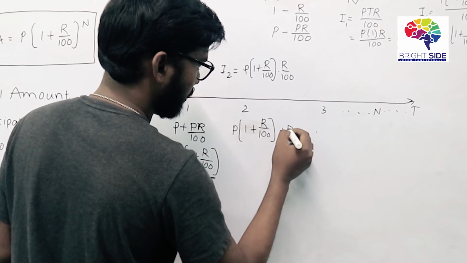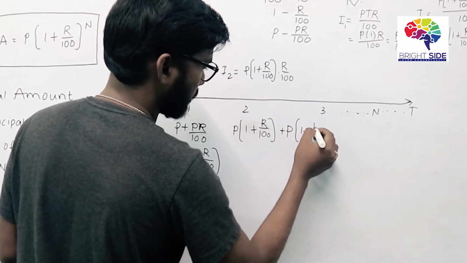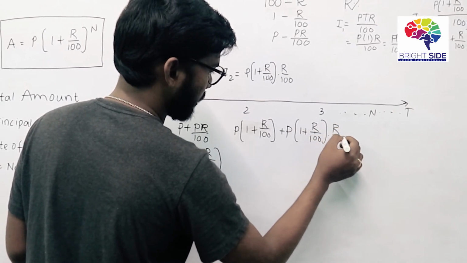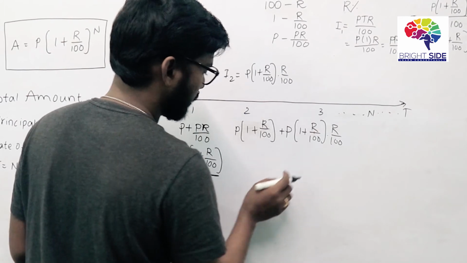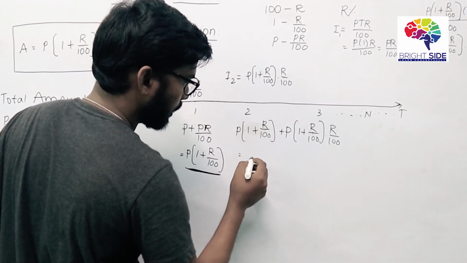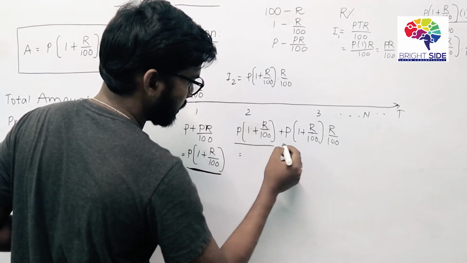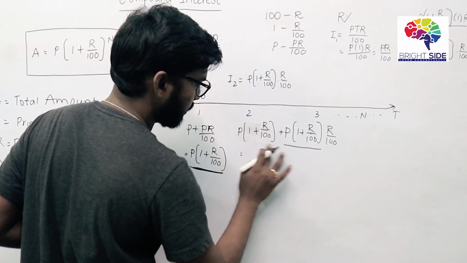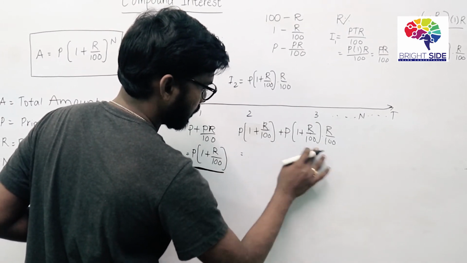Interest is P into 1 plus R by 100 into R by 100. Okay, so then that would be taking common P plus this one. Okay, so better to rub it off, otherwise you would confuse here.